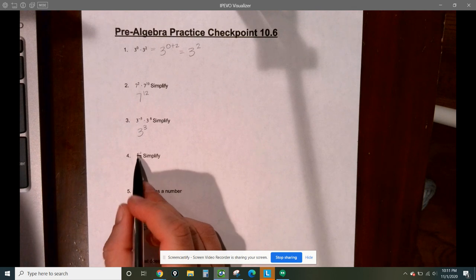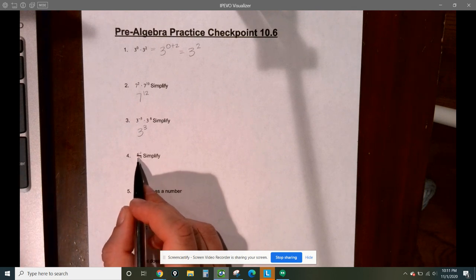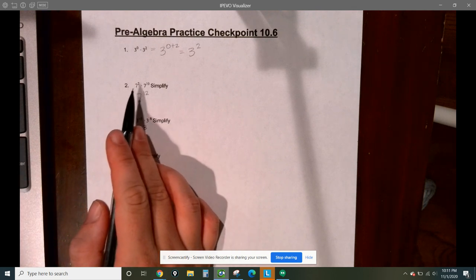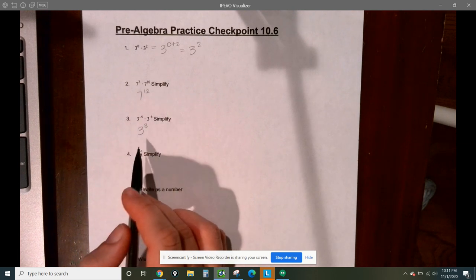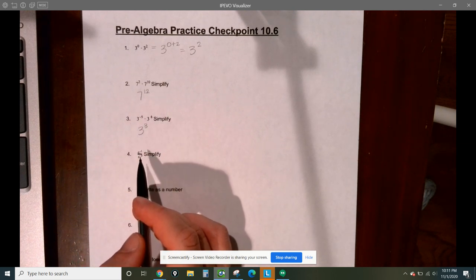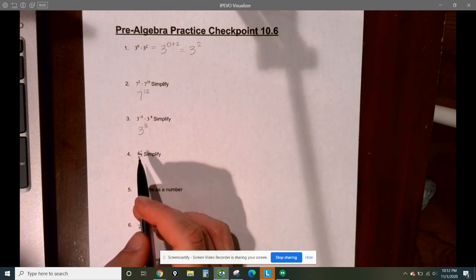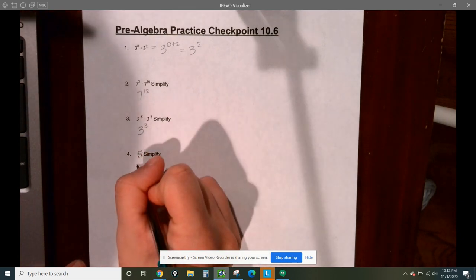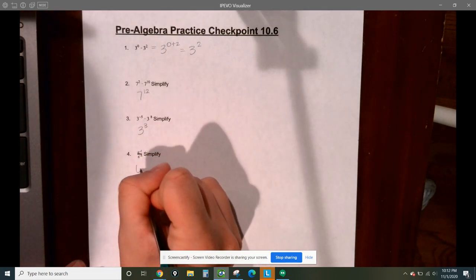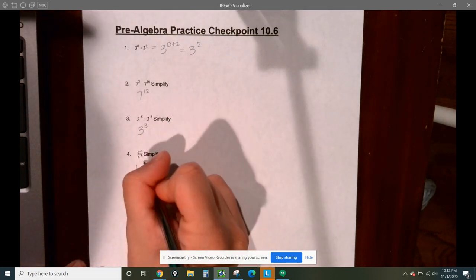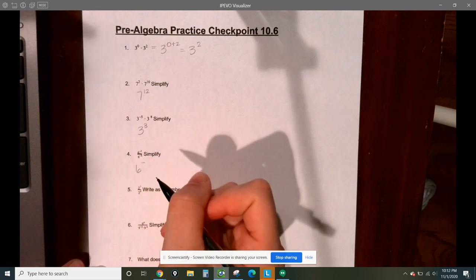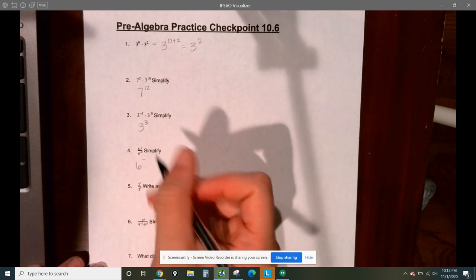Number 4, now I'm dividing. So this is a different rule. Over here, when I was multiplying the numbers, I added the exponents. When I divide the two numbers with the same base, I'm going to subtract the exponents. So these are things you should have in your notes from the lessons. So this is 6. And then I'm going to subtract the exponents. Sometimes it's really helpful to write out the subtraction, especially when there's negatives.